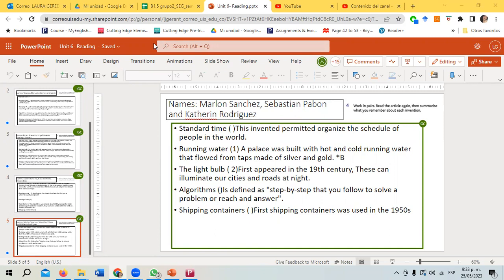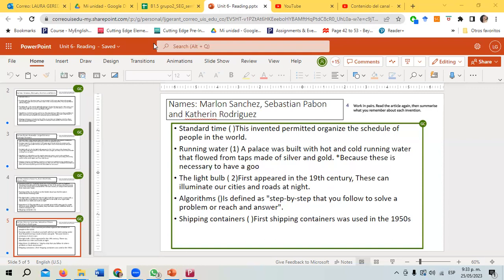Running water. Number 1, because this is necessary.